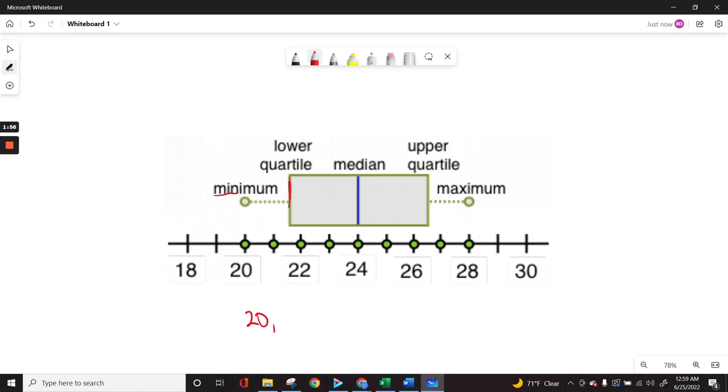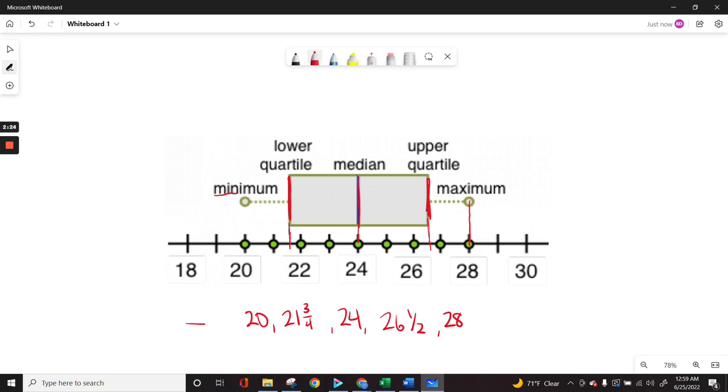The second number, which would be at the edge of the box here, looks like it's about 21 3/4. The median, if I come straight down, looks like 24. The end of the box here, if I come straight down, looks like it's about 26.5. And then the maximum is 28.